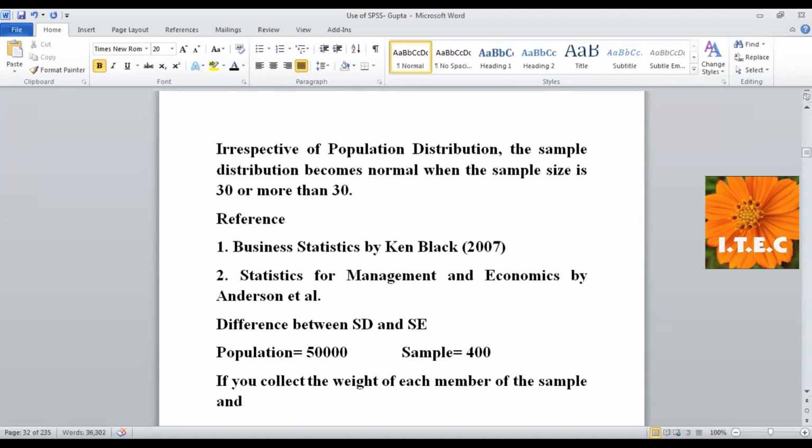and calculate the standard deviation, that will tell the difference within the group.